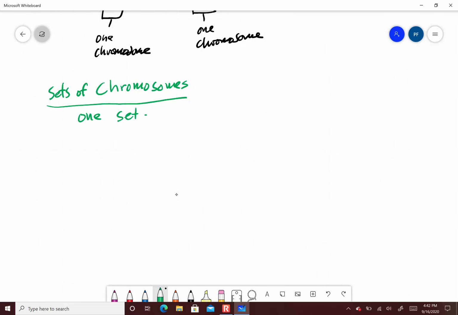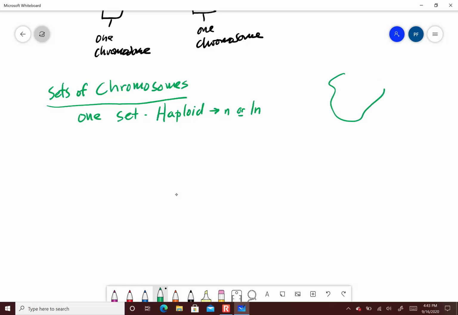Okay, if we have one set, we call it haploid. And we represent haploid with either an N by itself or 1N. Okay, so, technically, in math, if we just have N, the one is implied, right? We just assume it's there. So N or 1N mean the same thing. And that's our way of representing haploid.